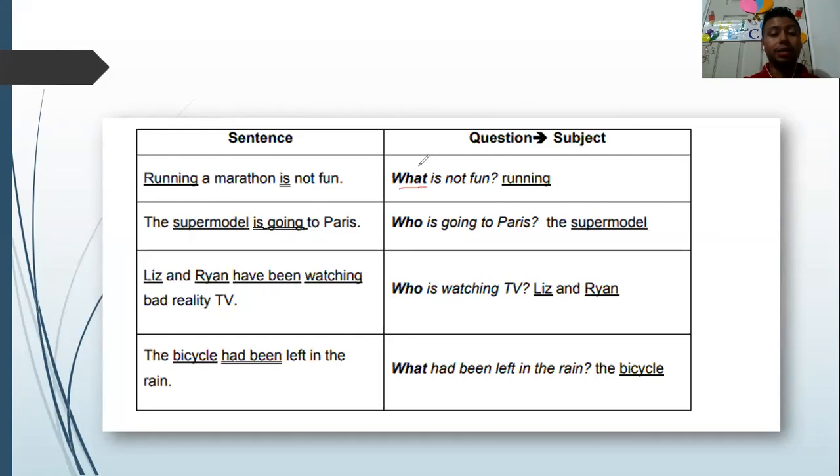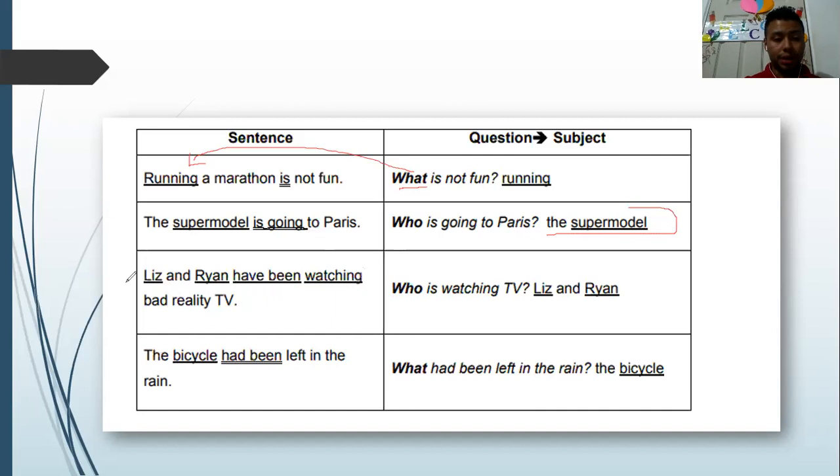"Who" is answering the question about the person. For example, the supermodel is going to Paris, but I ask a question: who is going to Paris? Me? No. My mother? No. The supermodel. So that is the answer for who.